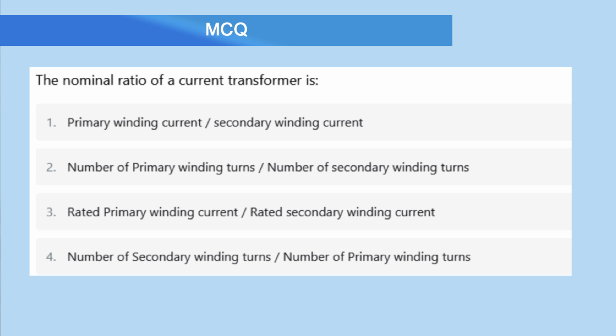So why is this option correct? Because the ratio of the primary current rating to the secondary winding current rating is called the nominal ratio of a CT, and it is expressed as a ratio which indicates how many times the secondary current is reduced relative to the primary current.